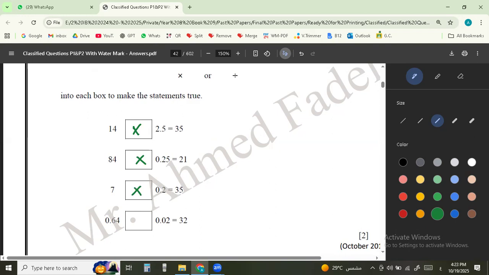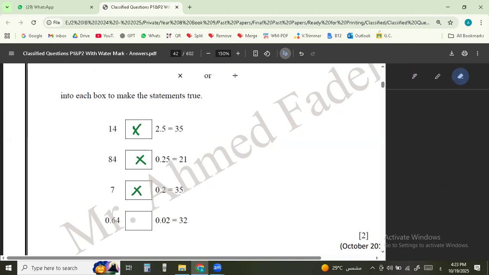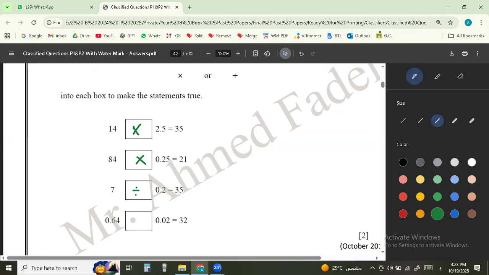Because multiplying by smaller than 1, the answer is going to get smaller. But in this case, it got bigger. So I'm dividing by smaller than 1, which means the answer will get bigger. Usually in division, it gets smaller, but it got bigger. That means you're dividing by smaller than 1.